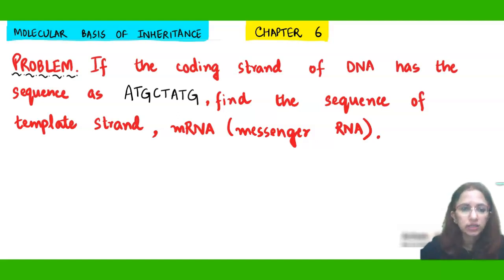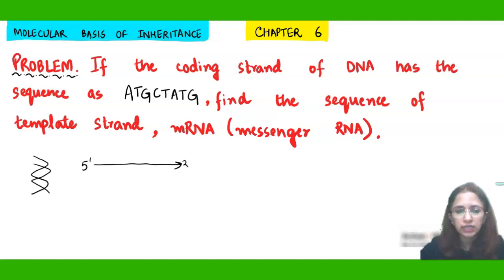So let's start. We know already that double helical DNA has two strands. One runs from 5' to 3' and another is 3' to 5'. Whenever you are writing these DNA strands, do remember that the arrow should always come near the 3' end, because this is a rule.